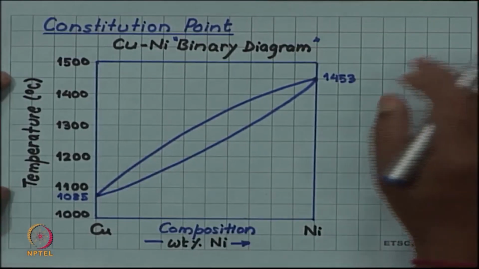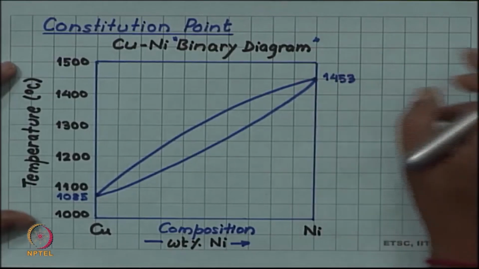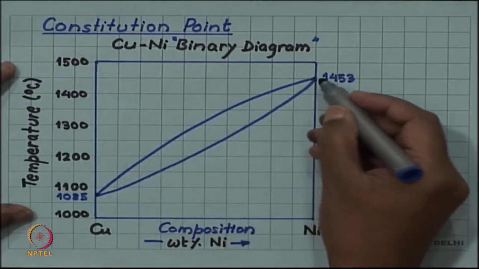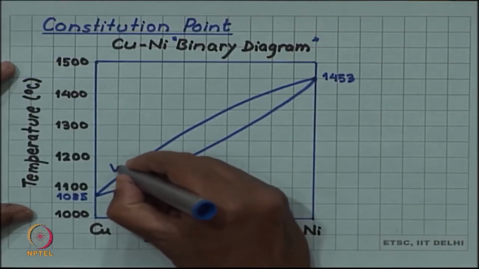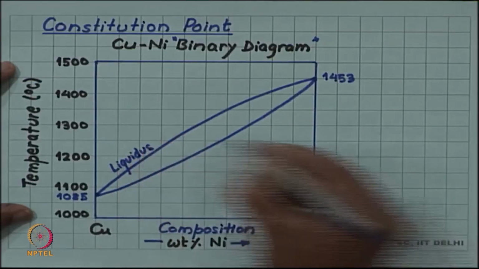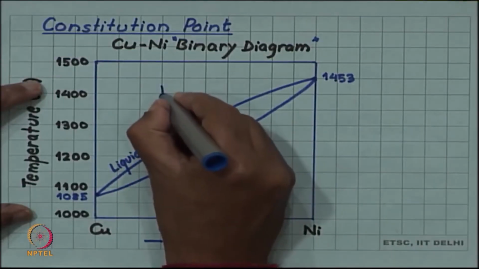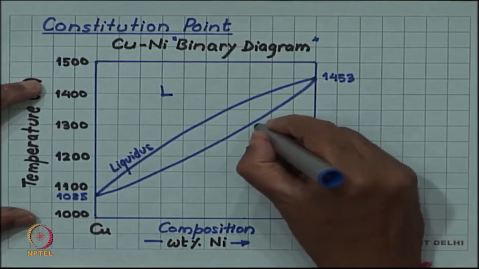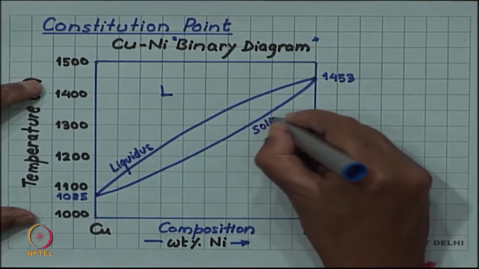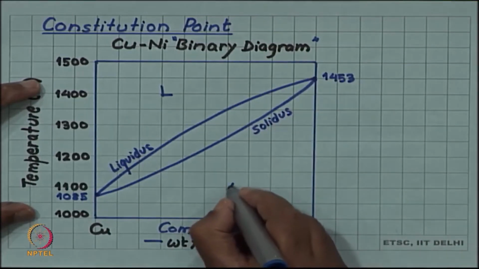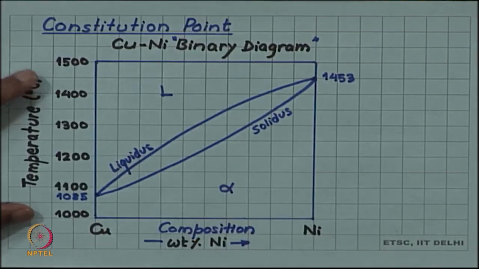And we have seen that the copper nickel phase diagram is a very simple phase diagram where there are two boundaries. One boundary, the upper boundary, is the liquidus boundary, and above that we have a liquid phase which is in equilibrium. The lower boundary is the solidus boundary, and below this a solid solution phase is stable.